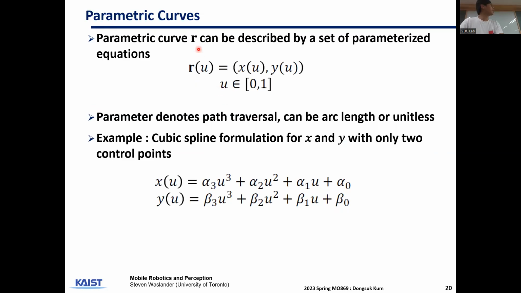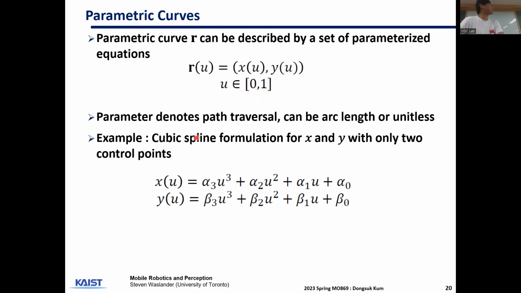The parametric curve R here can be described as a set of parameterized equations. Here, X and Y are parameterized equations, and the parameter U denotes the path traversal, also known as progress, and it can be arc length or unitless. Generally, you start at 0, and the progress goes until 1.